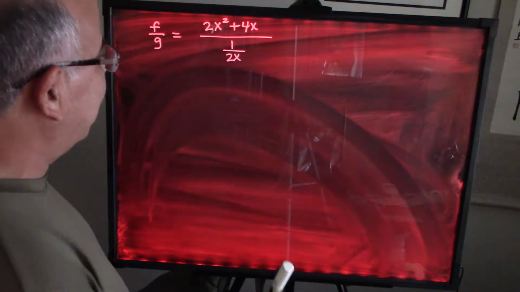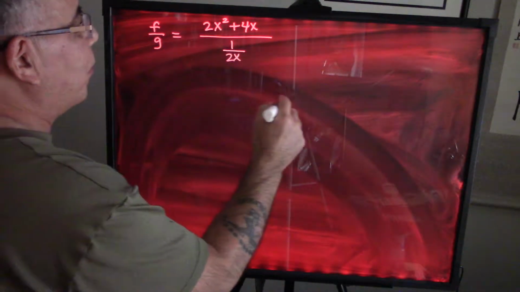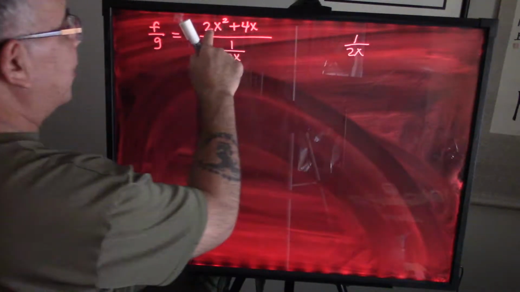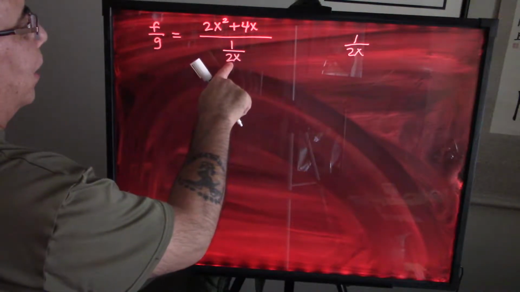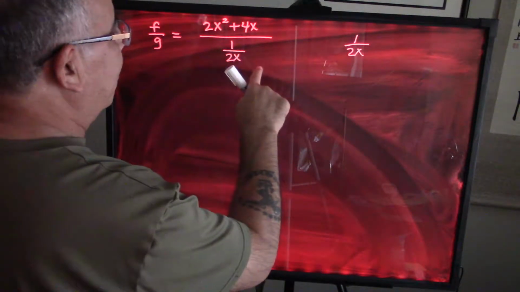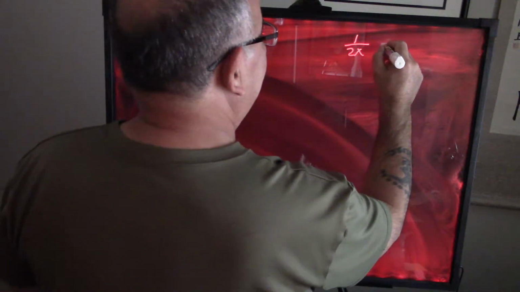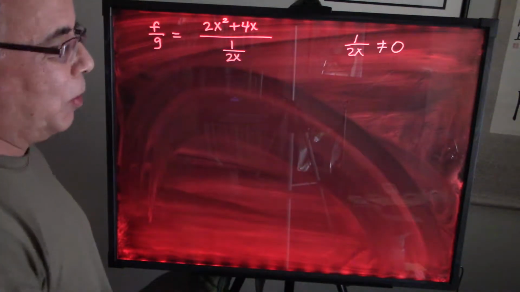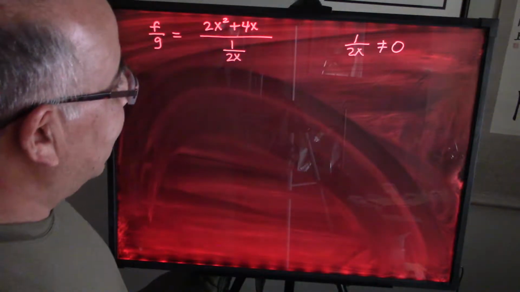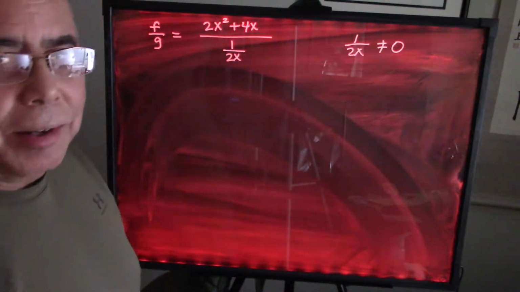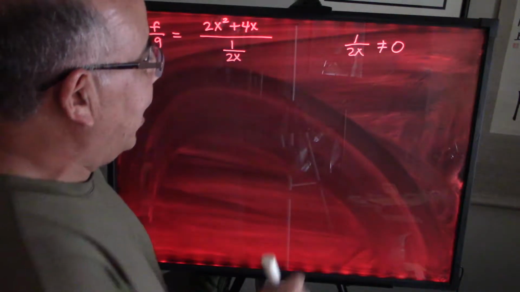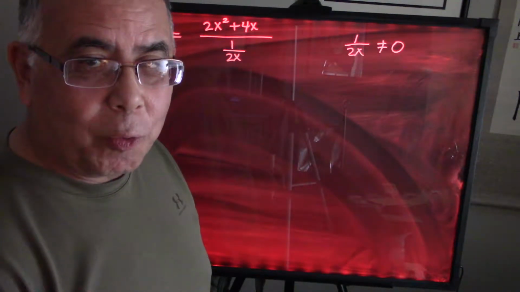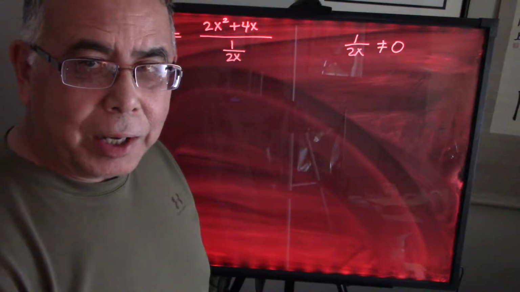This whole thing, the 1 over 2x, is the denominator of this function. However, that can't equal 0. Now, how is that going to equal 0? 1 over 2x. The numerator is 1. It's constant. No matter what x equals, this thing is never going to equal 0. It's going to be 1 over some positive or negative number.